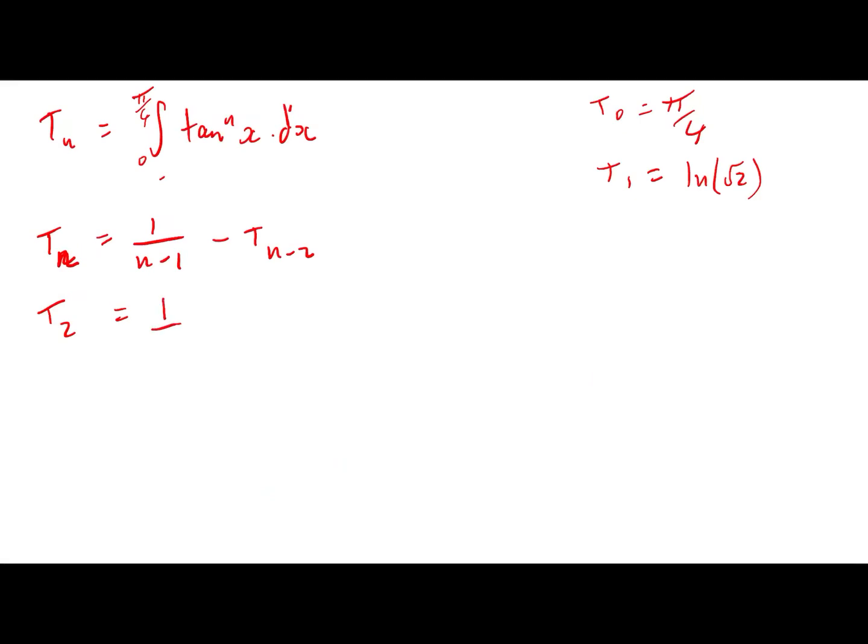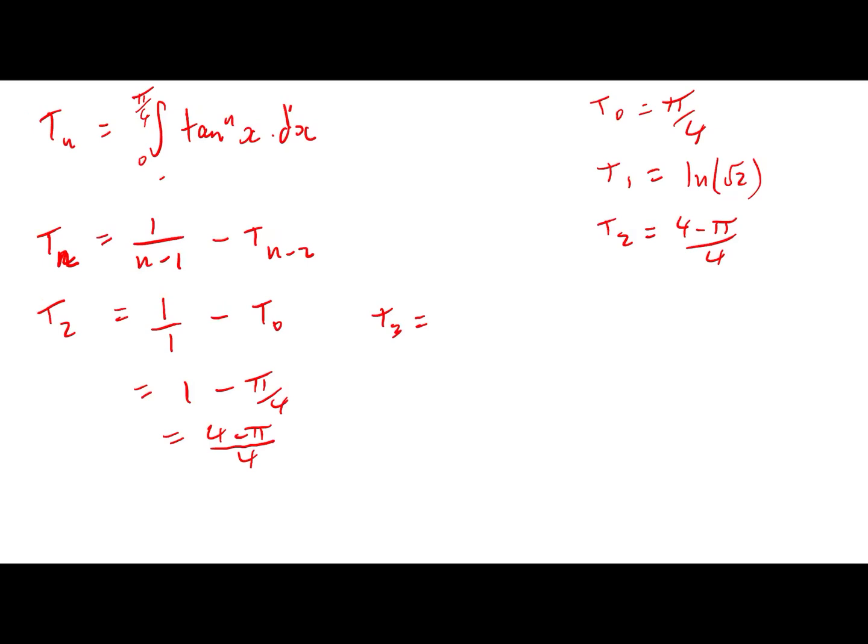Okay, so that's going to be 1 over 1 minus T of 0. So it's 1 minus pi over 4, which must be 4 minus pi over 4. So T2 equals 4 minus pi over 4.